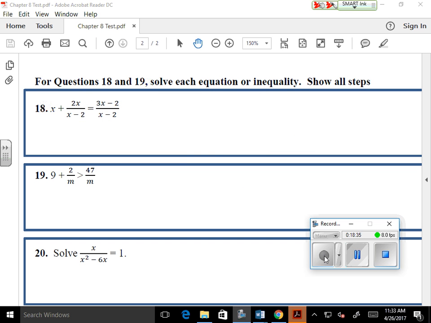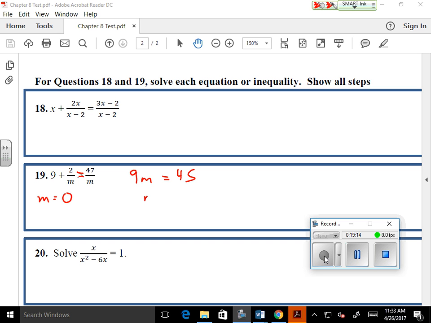And number 9, you can either subtract 2 over m from both sides, but your first step is to identify that m equals 0 is going to make it undefined. Okay? Then we need to solve for m as if it was an equation, and if you multiply everything by m, or if you subtract 2 over m from both sides, either way, you're going to eventually get 9m equal 45.